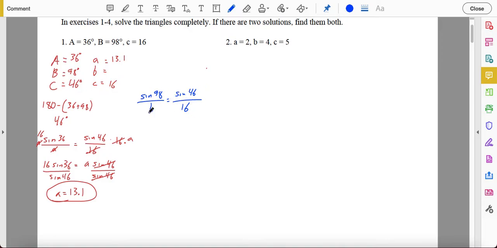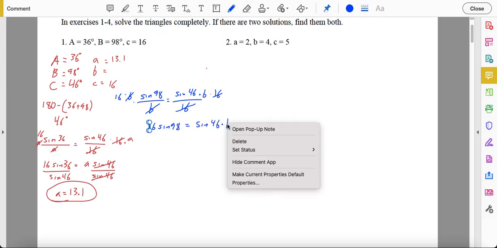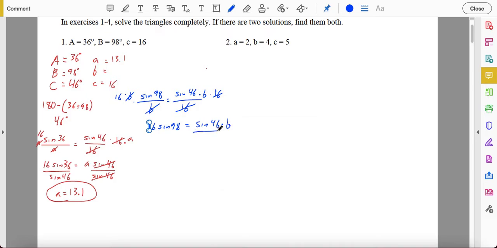So we cross multiply here again. Multiply each side by B. That reduces our B's. Multiply each side by 16. And we're left with 16 sine 98 is equal to sine 46 times B. And we can divide by sine 46.